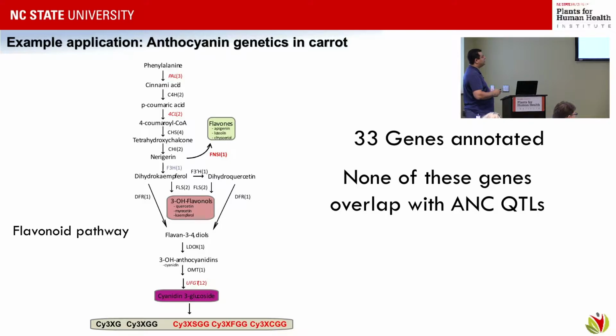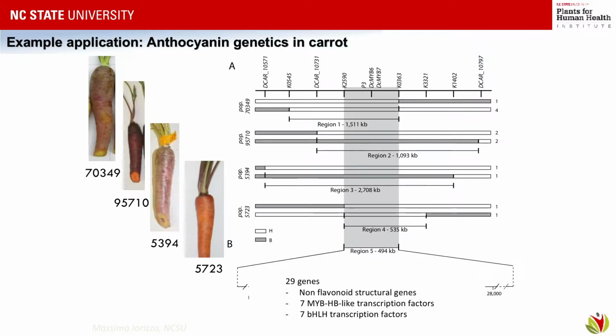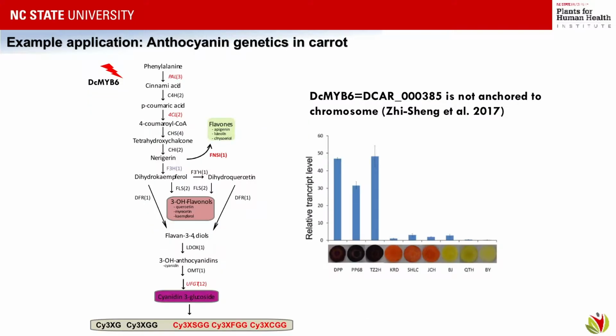If we look at that region, a region of 494 kbs, there are 29 genes there. None of them are flavonoid structure genes. There are 7 MYB-like genes across that region and 7 bHLH transcription factors. So in the V2, in this region, there was no gene, and I'm sorry, I missed this part.